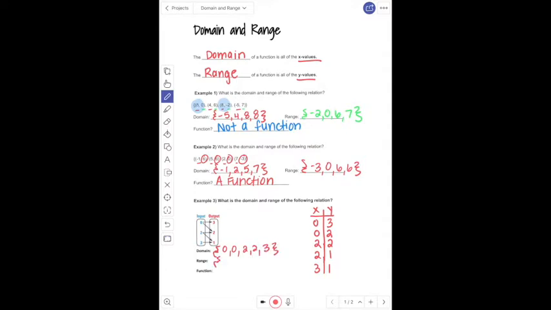My range is 1, and we have 1 twice. And is this a function? Well, I can clearly see that I have repeating 0s and I have repeating 2s, so this is not a function.